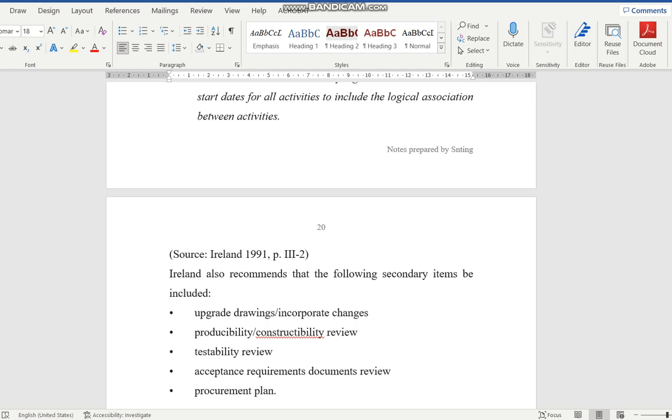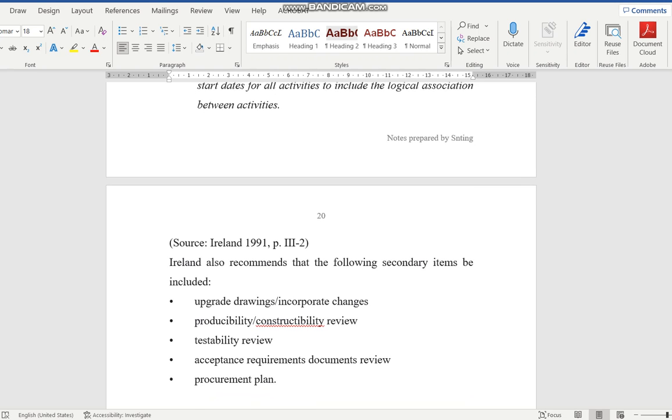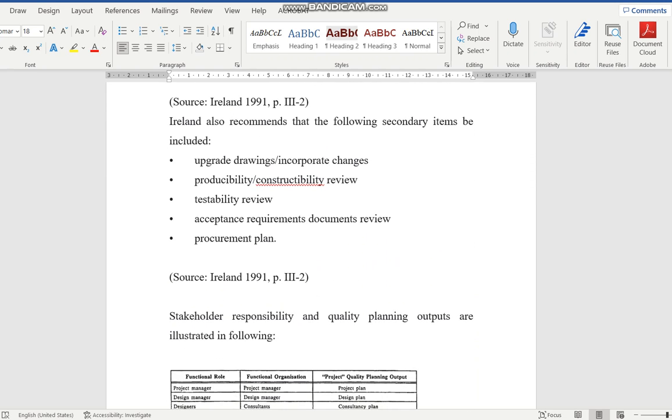You will also need a lot of testing, acceptance documents, review of productivity and constructability, drawings, and how to manage changes. When you do the manual, you need information from other parts of your management plan, and it will contribute to other parts of the management plan.